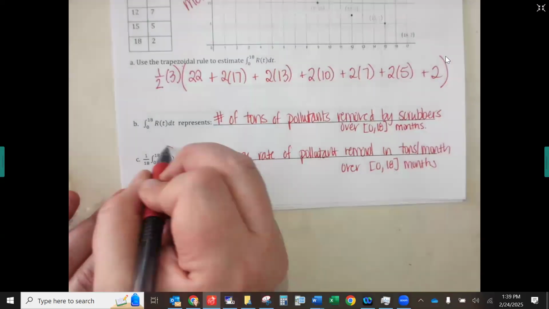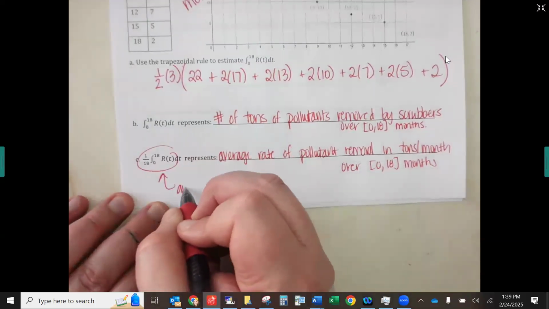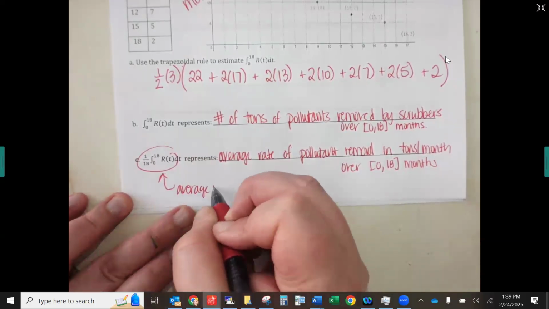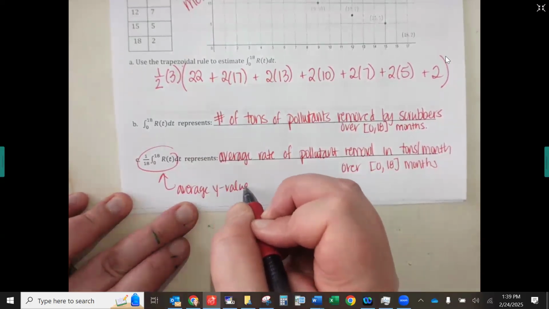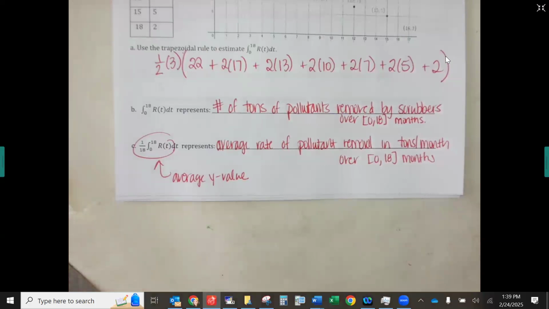Remember, this is the formula for the average y value. Because it's an average y value, your units should not change: you do an antiderivative, then divide by the units you just got rid of. Does that kind of make sense?